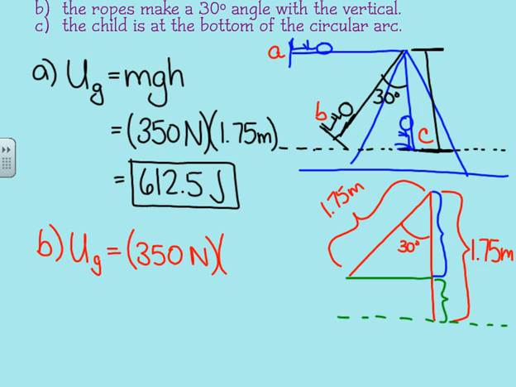So it's this blue leg divided by the hypotenuse, or 1.75 meters. And that gives me a blue leg of 1.516 meters. 1.75 minus 1.516 gives me the height. So my height is 0.234 meters.